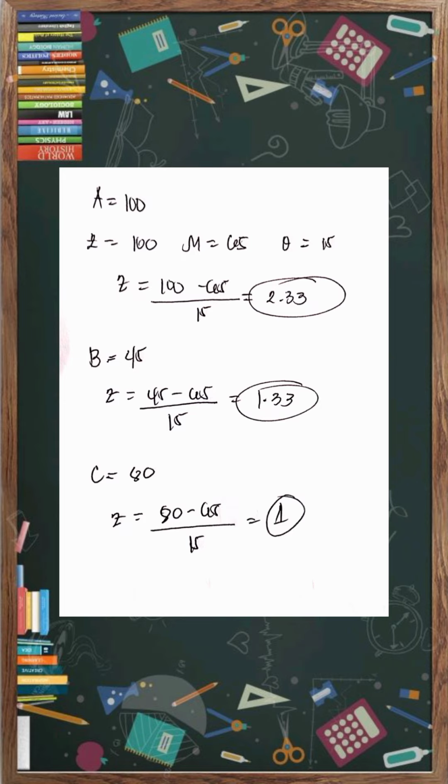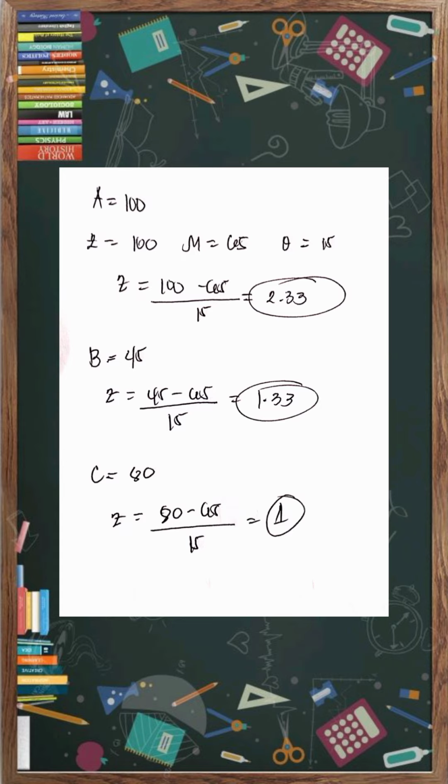Then, sa letter B naman ay 45. So, Z equals 45 minus 65 over 15. Ang magiging answer niya naman dito, negative 1.33. Kaya nakuha yung 1.33 kasi 45 minus 65, then ang magiging answer nun, i-divide natin sa 15.